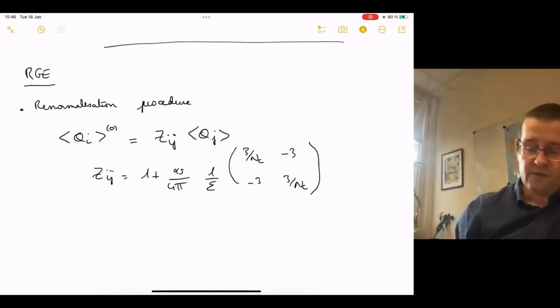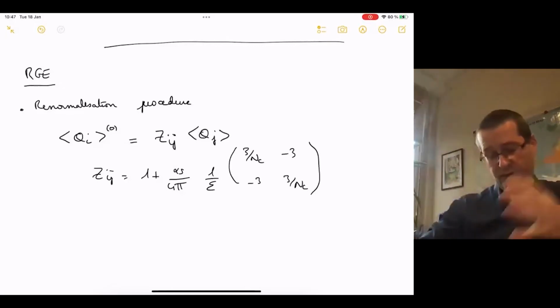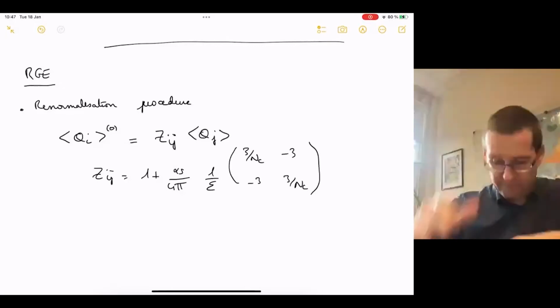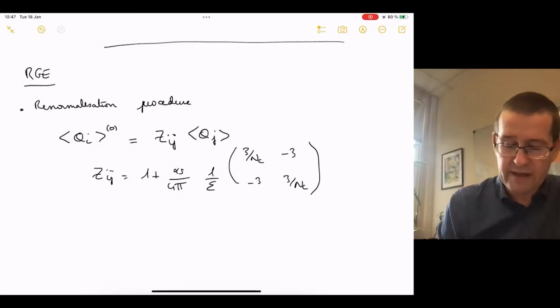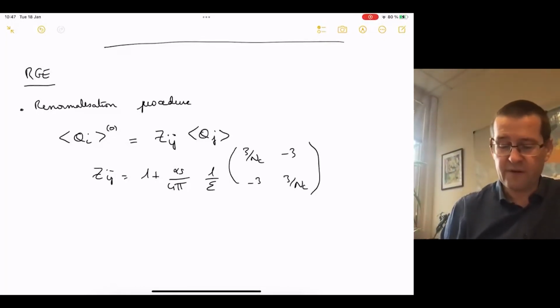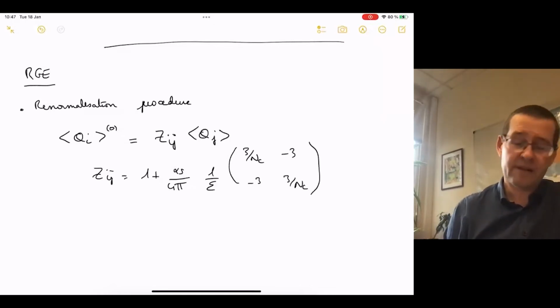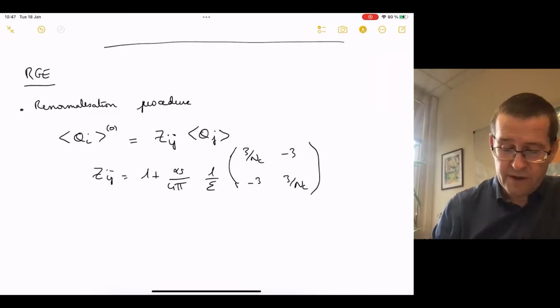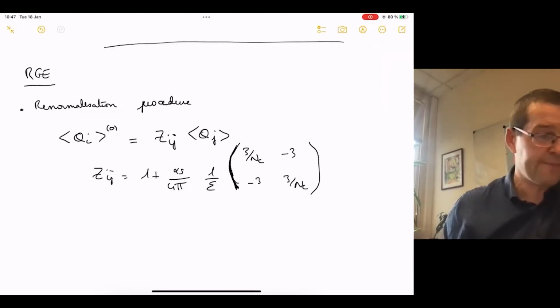You have 3 over NC on the diagonal, because you saw that M2 is connected to alpha S over 4 pi 3 over NC and this 1 over epsilon. And then you've got minus 3s on the off diagonal. Once again, that's related to the relations that you have concerning the structure functions of your SU3 group.